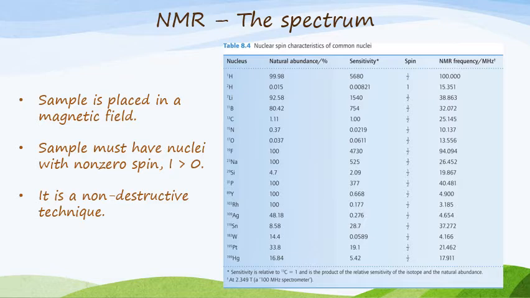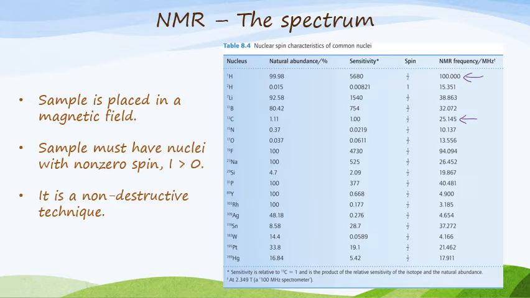Now, on the right-hand side, you will see a table which shows the spin characteristics of some common nuclei. Okay, I don't expect you to remember all of this. If required, I will give you this information. But you can see that the common spectra that we carry out will be proton NMR and carbon-13 NMR, and anywhere where the spin is a fraction, we can do where the spin is greater than 0.